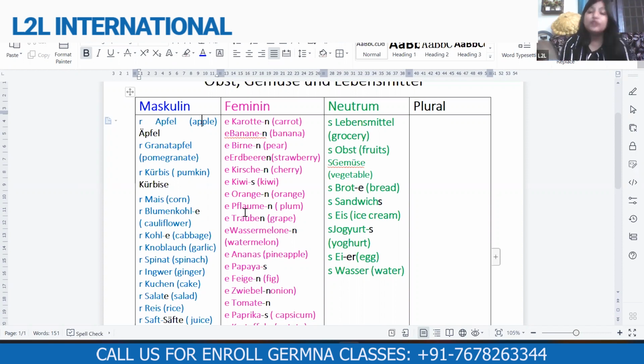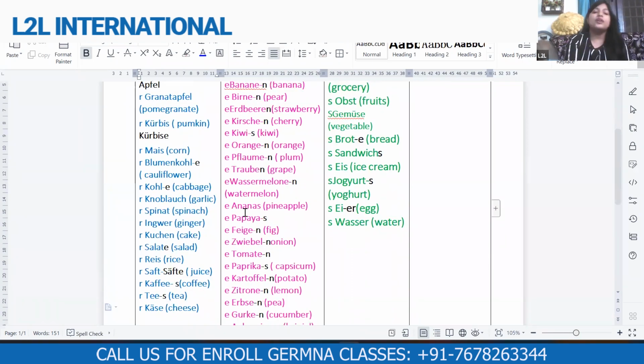Then for cake, we have Kuchen, der Kuchen. And for cakes, this is the plural because we don't change it. Kuchen remains Kuchen, no change. For Salat, the pronunciation is Salat, it's not salad.